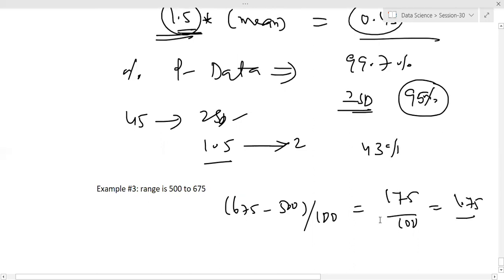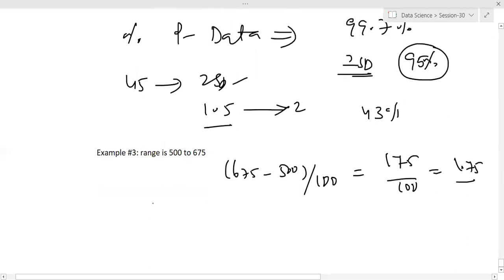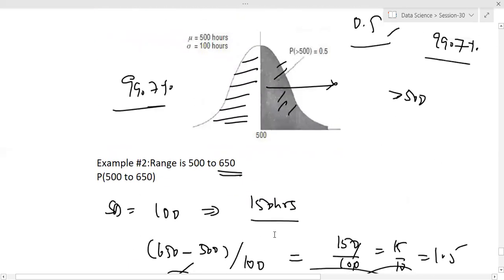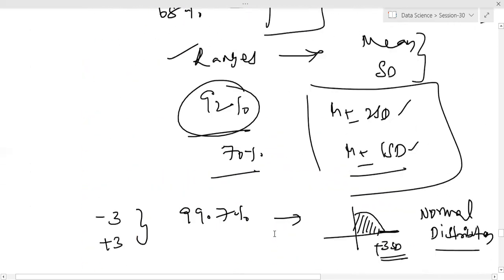That means it is almost two standard deviations from the mean. Two standard deviations means 95%, but we are only focusing on the positive side, not the negative, so obviously we'll get 45.9, something like that.